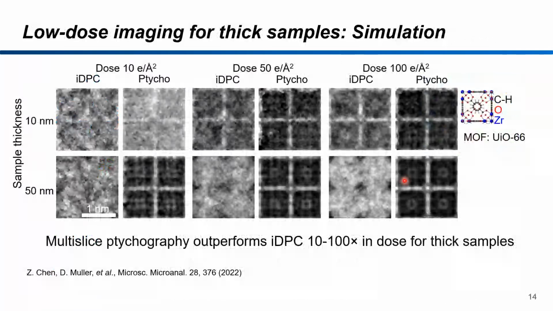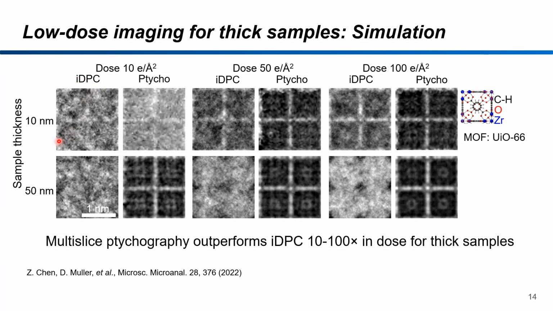Multi-slice ptychography is also more dose efficient compared to other phase contrast imaging like iDPC or conventional ptychography. We can have atomic resolution for these metal organic frameworks, even using a dose of 10 electrons per angstrom squared.